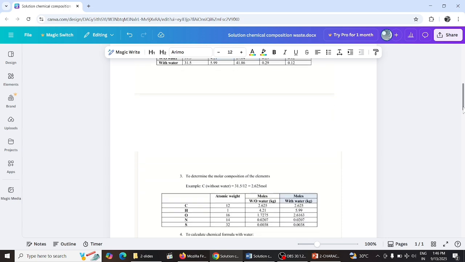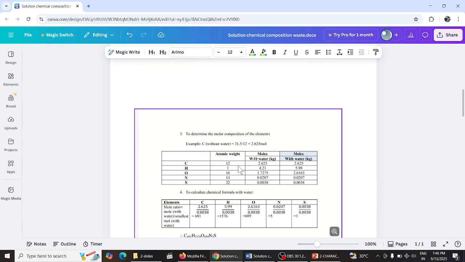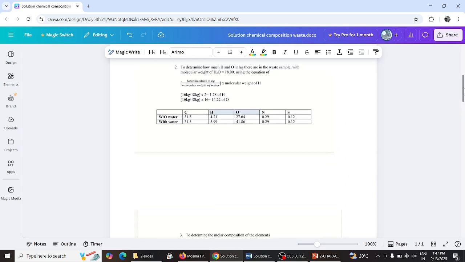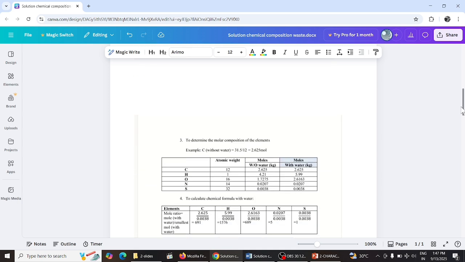Okay, now to find out the chemical composition of the elements, what we have to do is, atomic weight we know. So from the first table, if you see here, carbon is 31.5, hydrogen 4.21, oxygen 27.64. So what we need to do is divide this by the atomic weight. So this is 2.625.